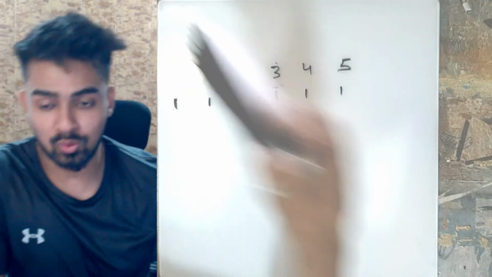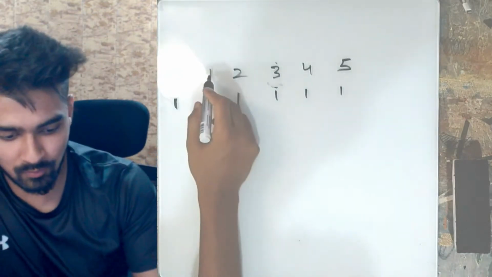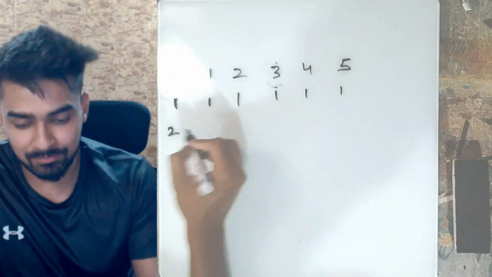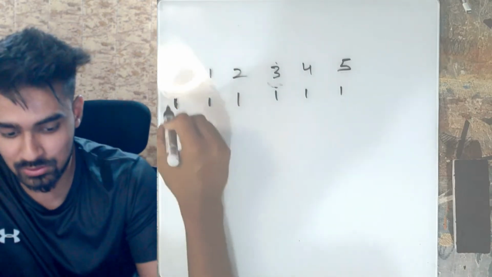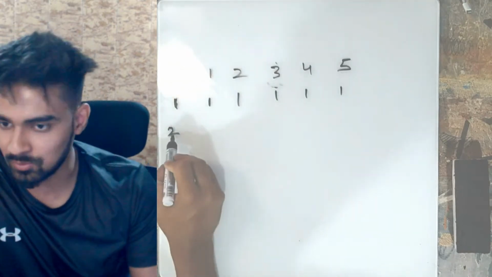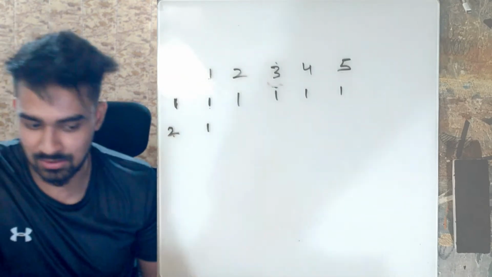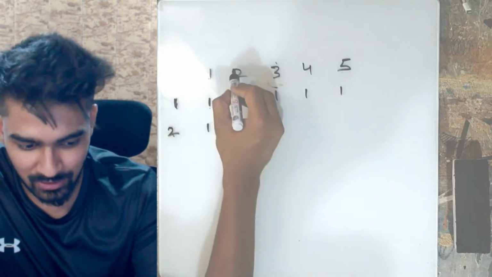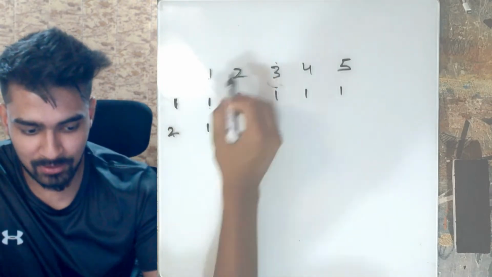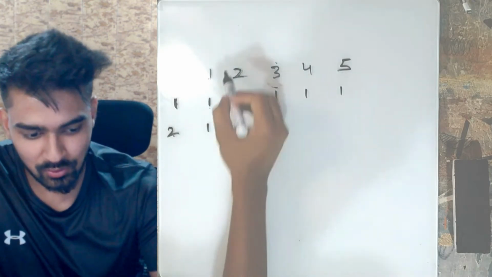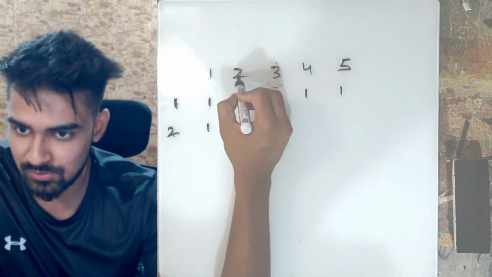Now, what is the total number of ways we can make 1 if we had a 2 as well? This will be the number of ways we were able to make 1 using only 1, plus making 2. Since 2 is greater than 1, it will be 1 only, because the previous will be the answer only. But for this one, when you get a 2 and you also have a 2 in place, you can actually add this 2 as well.